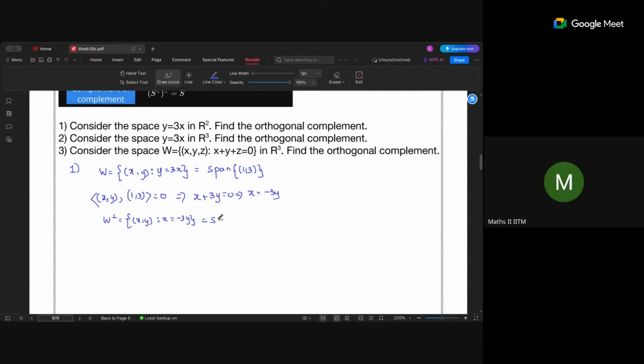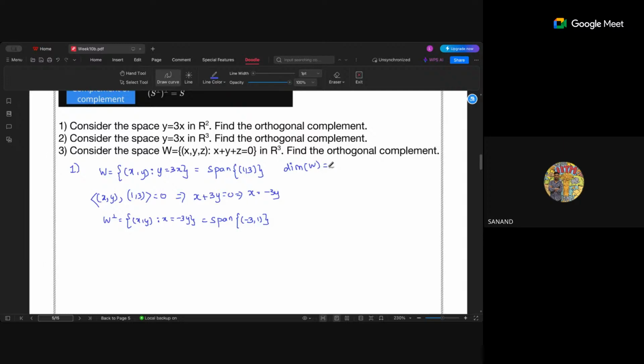What is the basis here? Any basis? (-3, 1). Yes. Okay, (-3, 1). So you can clearly see that these two are orthogonal. Also, what is the dimension of W here?